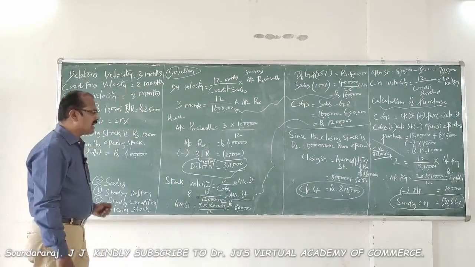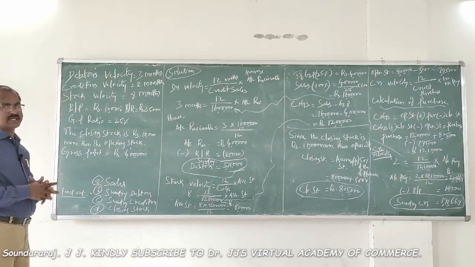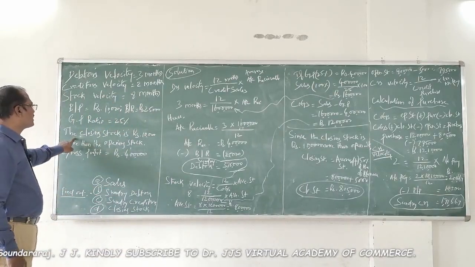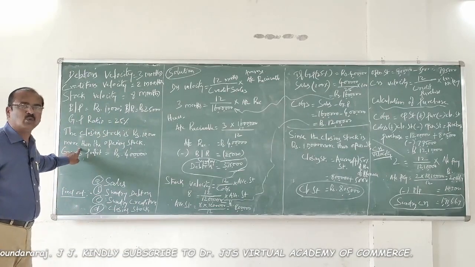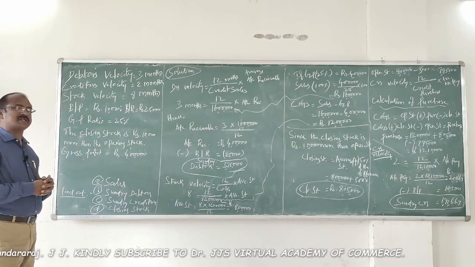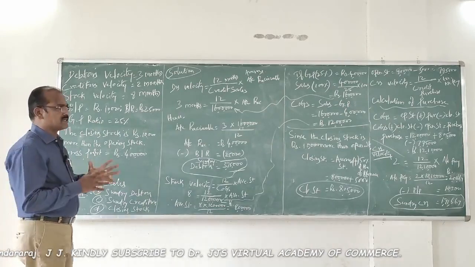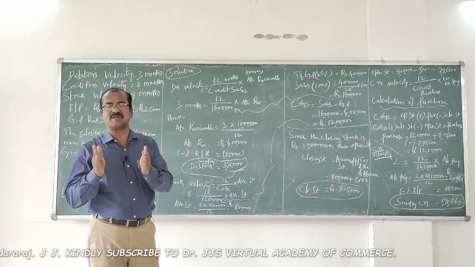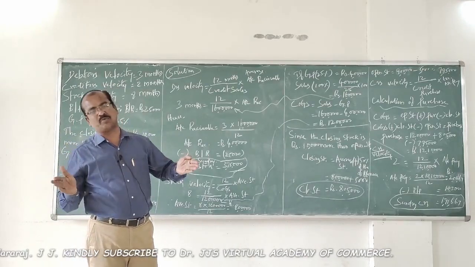Fine. Is there any information given with regard to opening stock and closing stock in the problem? Yes. It is stated that the closing stock is 10,000 rupees more than the opening stock. Now let us calculate the value of closing stock first. Closing stock is equal to average stock plus 50% of the difference between closing stock and opening stock.